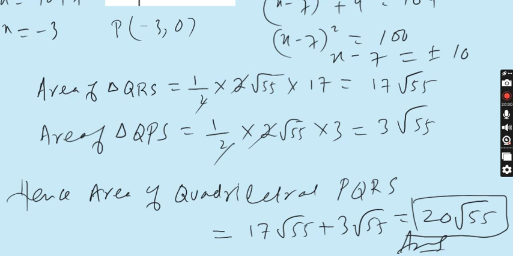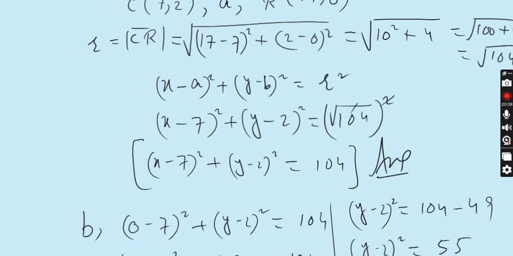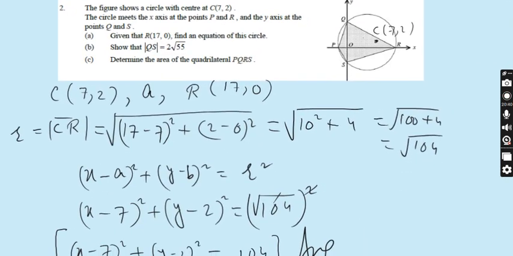Very interesting part. So students, what you can see in this part, see carefully. If, for example, part B is not present and there are only two parts in this question, for example, part A and part C, so what you have to find first, that is QS.